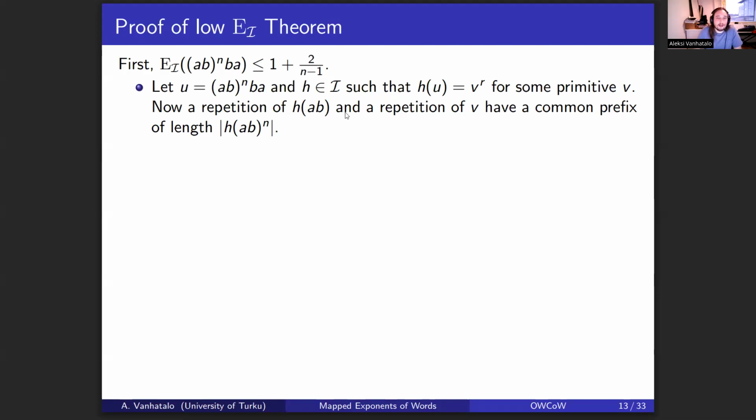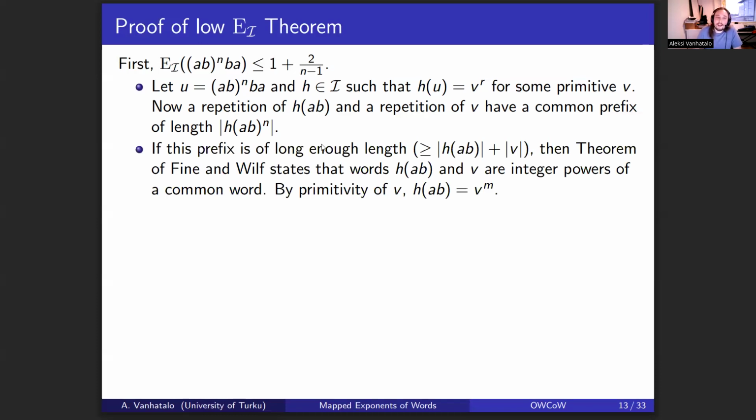And by this assumption, the form of our word and the properties of morphisms, we have that a repetition of the image of AB and a repetition of V have a common prefix of length the image of AB repeated n times, just by this assumption.